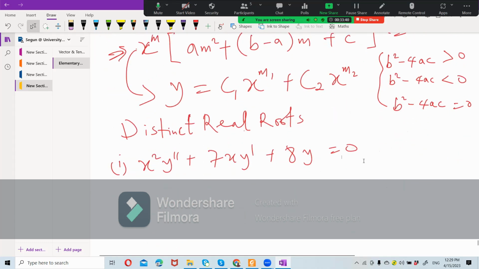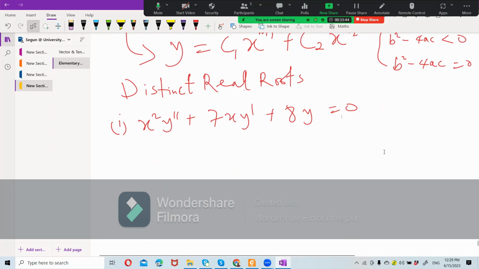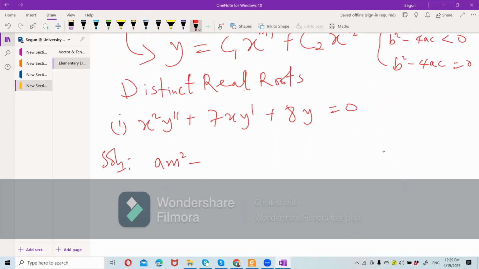Remember, so you recall from the quadratic equation, we have am squared plus (b minus a)m plus c equals to 0. You recall from that.